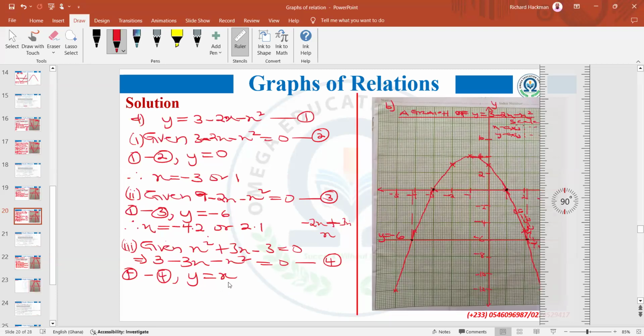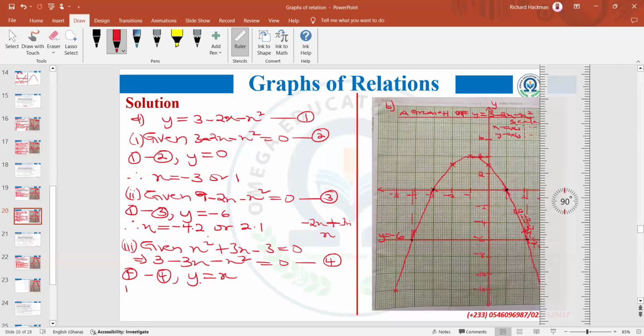I have y is equal to x. And please listen carefully. When you have this situation, go and pick the extreme values for your x in the table to predict the y, because you need two values. So this is what you come and do. You can't straight away draw this line. You need 2 points.